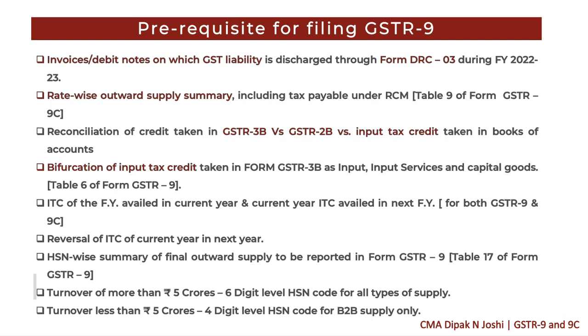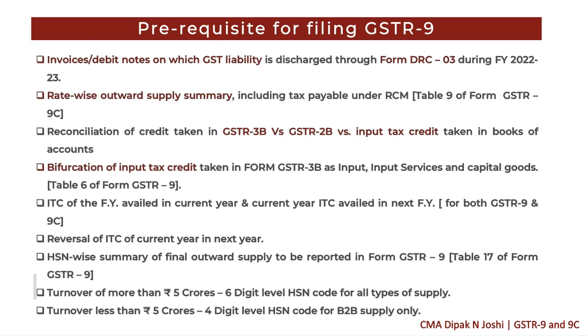So in that case, reconciliation of credit taken in GSTR 3B versus input tax credit taken in the books of account must be there with the assessee, because when you furnish the information in table 12 of GSTR 9C, in that table you are required to furnish the details of input tax credit availed in books of account versus input tax credit availed in GSTR 3B.